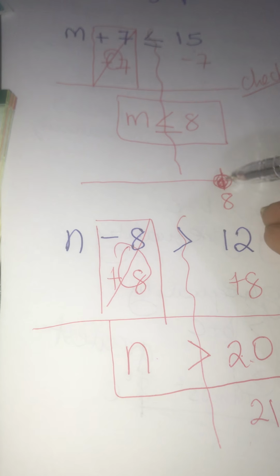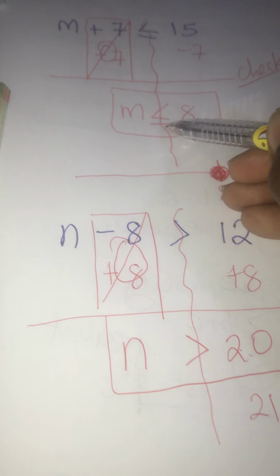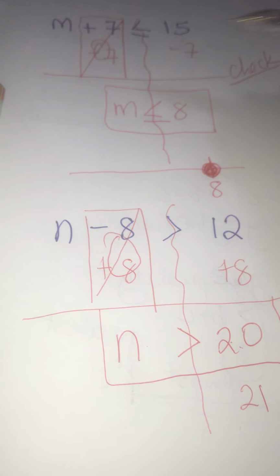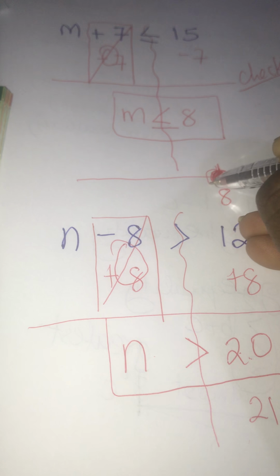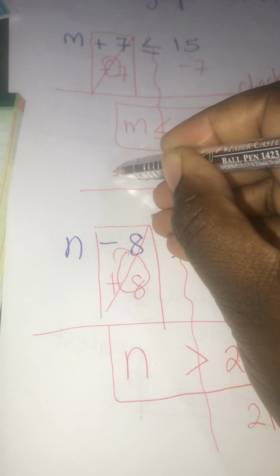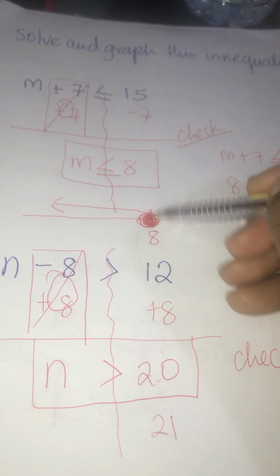That means it will be shaded inside because of the equal to sign. And because this arrow is facing the left, I will go from my circle to the left, like that. So that is how you graph this one.